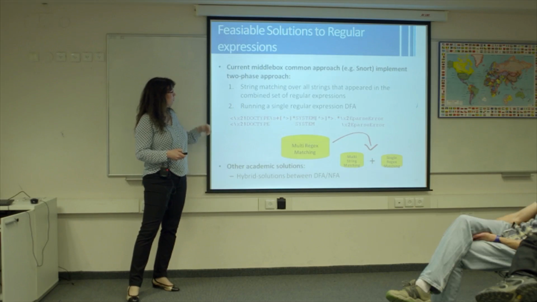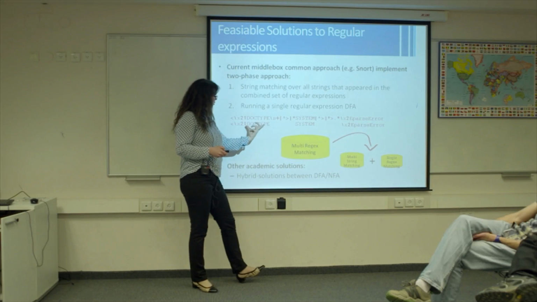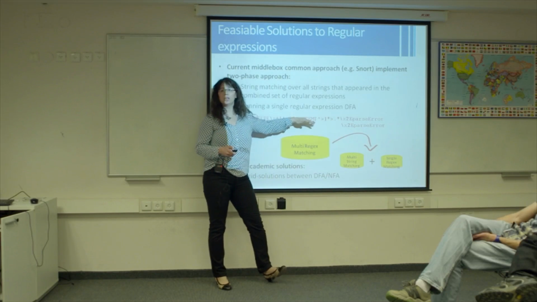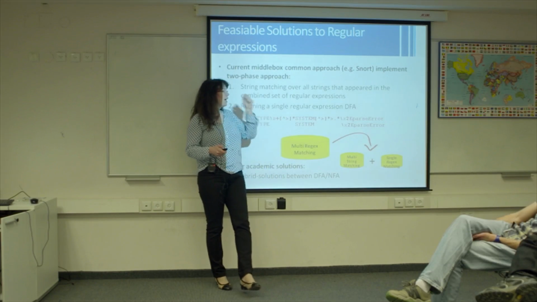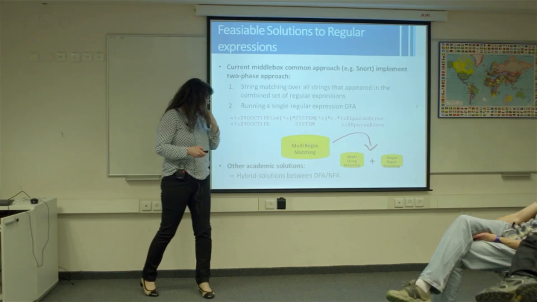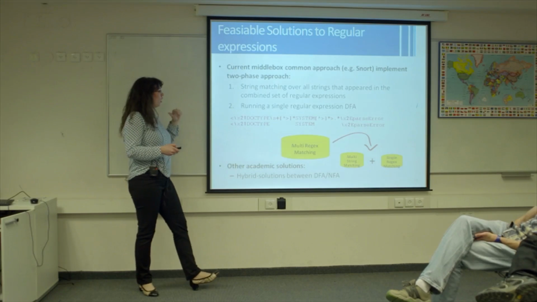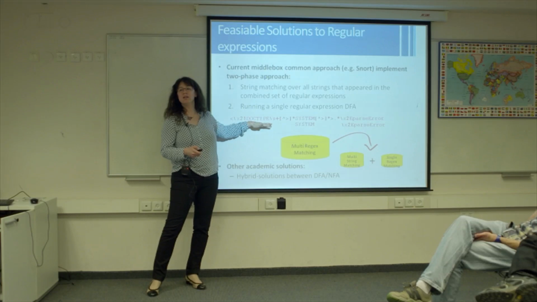And then, if they find that in this traffic all the relevant strings of some regular expression are matched, then they run a single DFA, okay? Only the corresponding DFA of the regular expression.